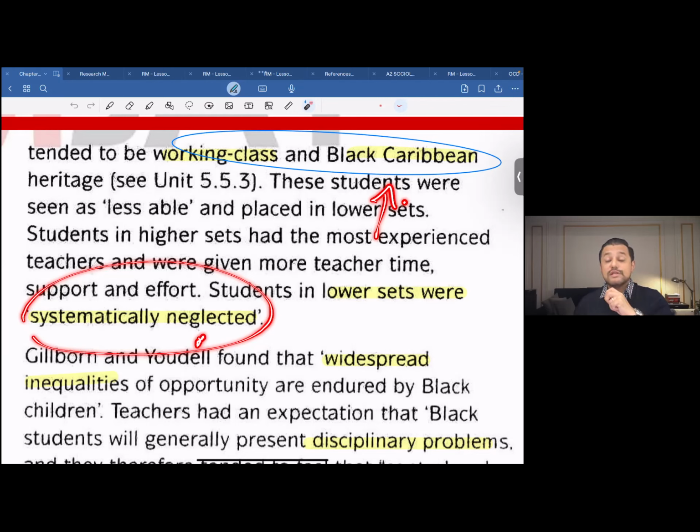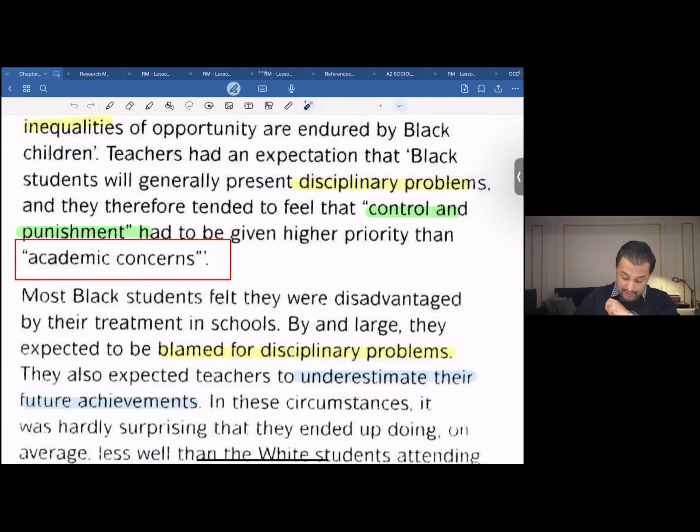Eventually, this leads to these young Black pupils being disadvantaged. It leads to teachers being more strict towards them, and more concerned about disciplinary issues. And do you know what? If a teacher focuses more on disciplinary issues, the time that teacher would have spent on academics is now being spent dealing with disciplinary concerns.